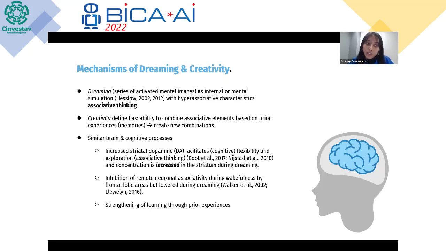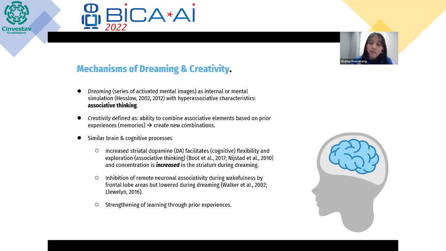We found in our literature that there are similar brain and cognitive processes. The ones that we included in our model are that there's an increased striatal dopamine concentration, which facilitates cognitive flexibility and cognitive exploration, which is defined as associative thinking. And this concentration is actually increased in the striatum during dreaming.